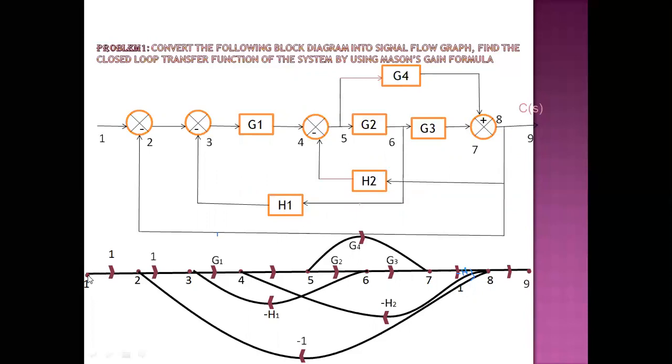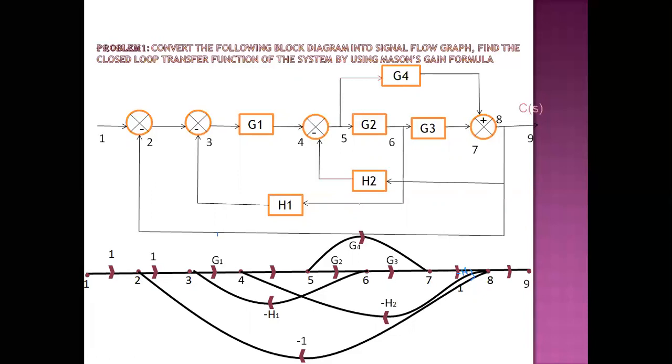Now I mark the numbers into nodes. So for each number I draw the node points. Then I have connected all the nodes by connecting branches. Then starting from each branch point or summing point, I connect all the branches between nodes, either in the forward path or feedback path.